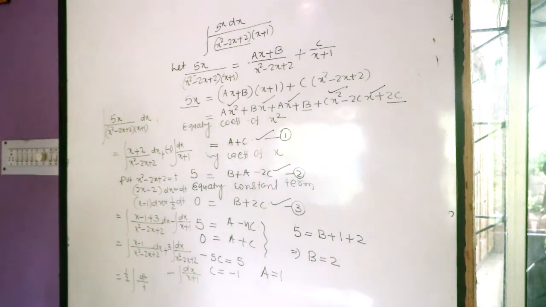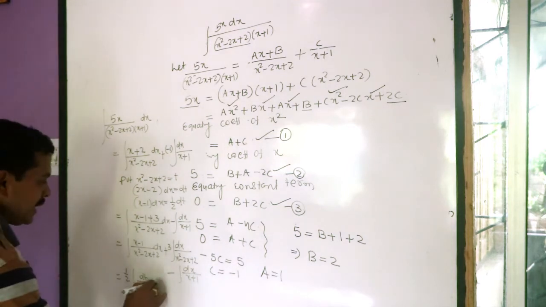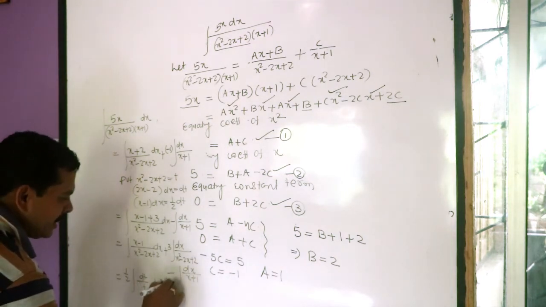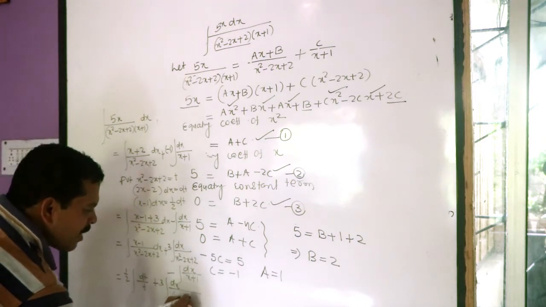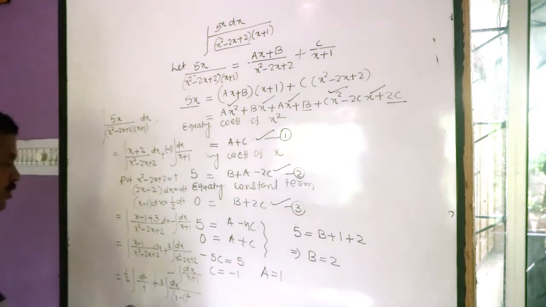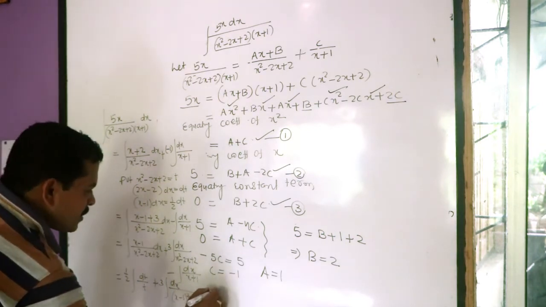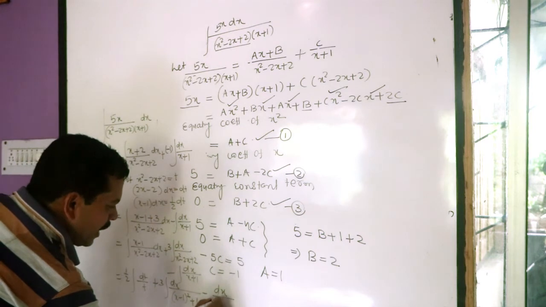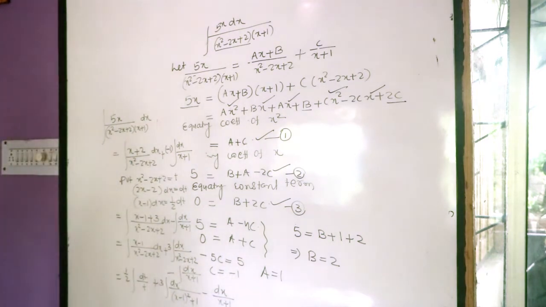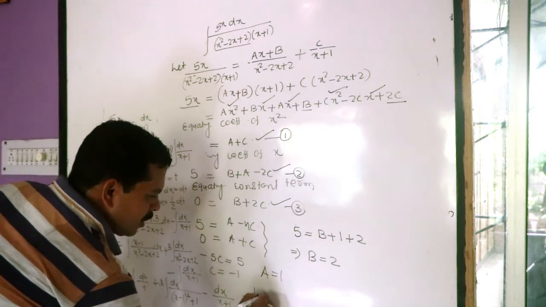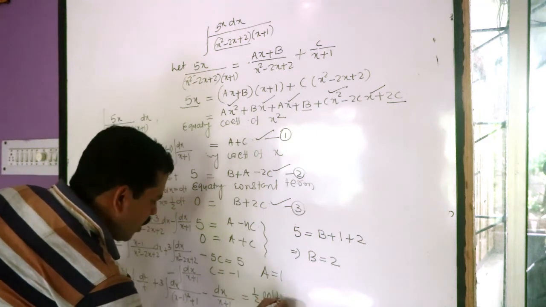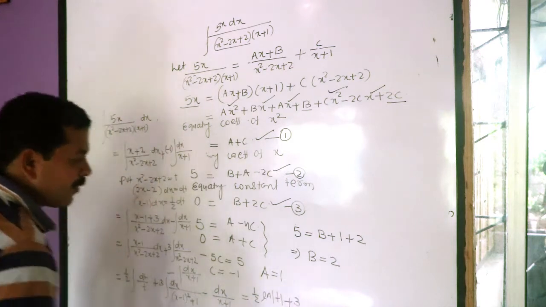This is one integration. Second integration is 3 dx by (x minus 1) whole square plus 1 minus dx by x plus 1, which becomes half log |t| plus 3.